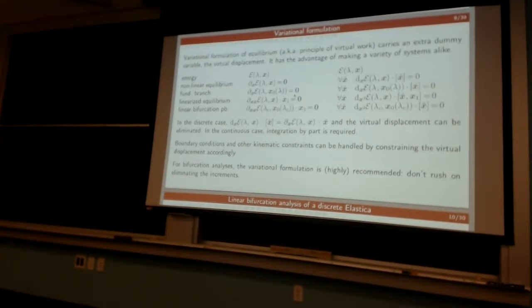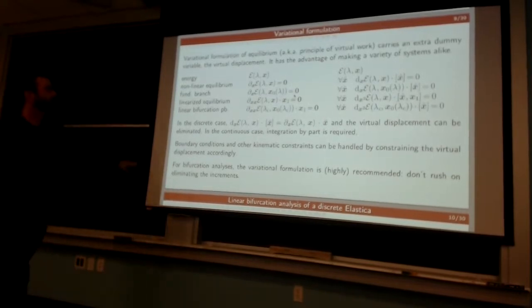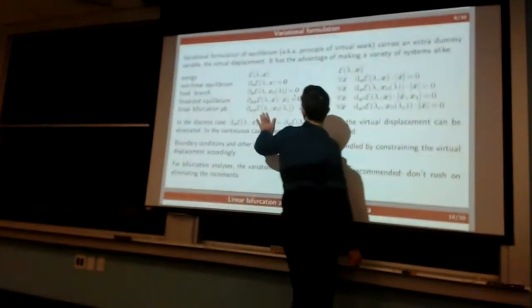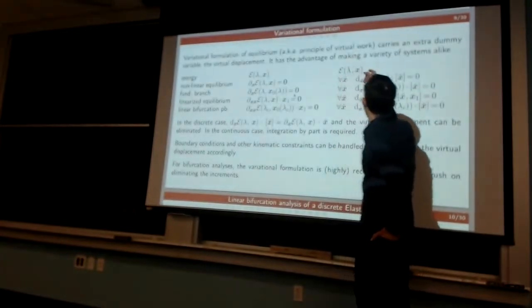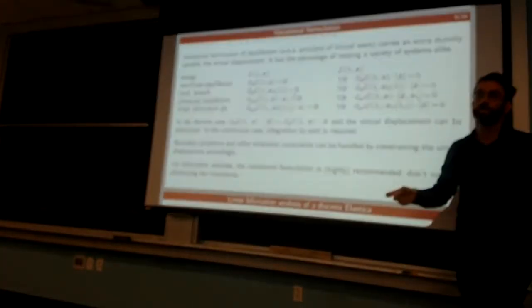It has the same content. This is a linear form, so that's something which for any increment dx, which I keep, gives me the corresponding change of energy. The reason I want to do that is that this has a meaning only in the discrete setting, while this is very easy to generalize when you have continuous structures.